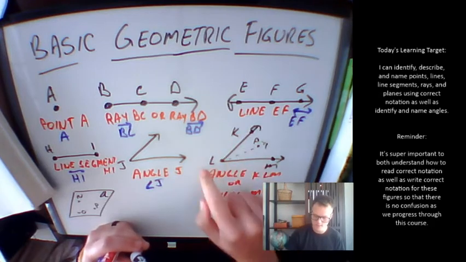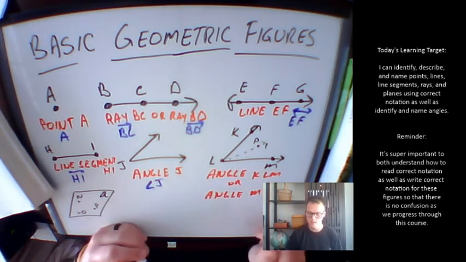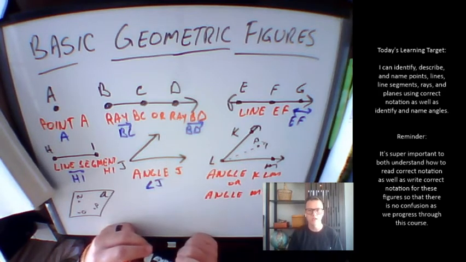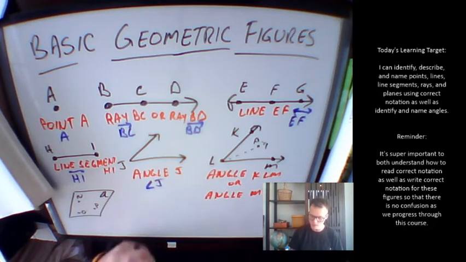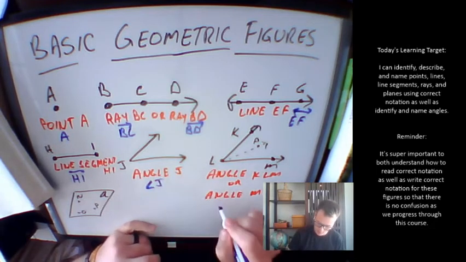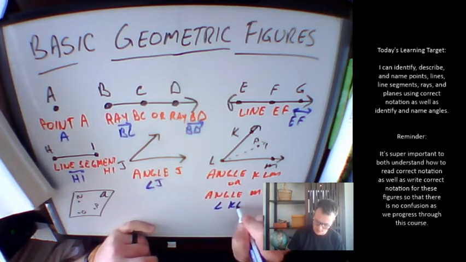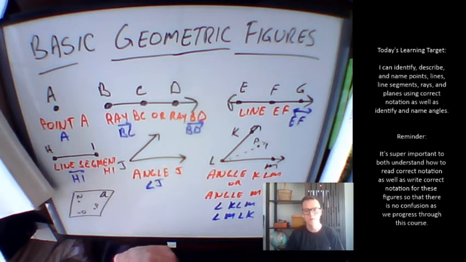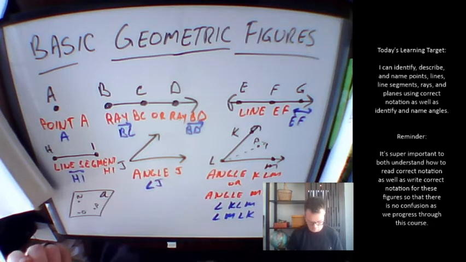Well, if you describe it as KLM, you know what we're talking about. And then you can also say KLP would be just the upper portion here. Okay, now notation for this one, it's just like what we did before, angle KLM or angle MLK. Pretty straightforward. Shouldn't be a lot of confusion with that one.